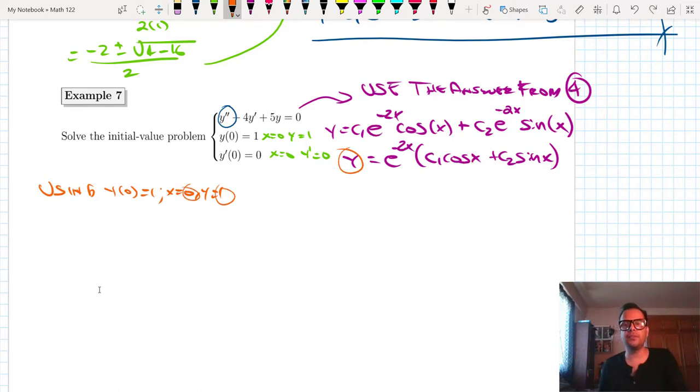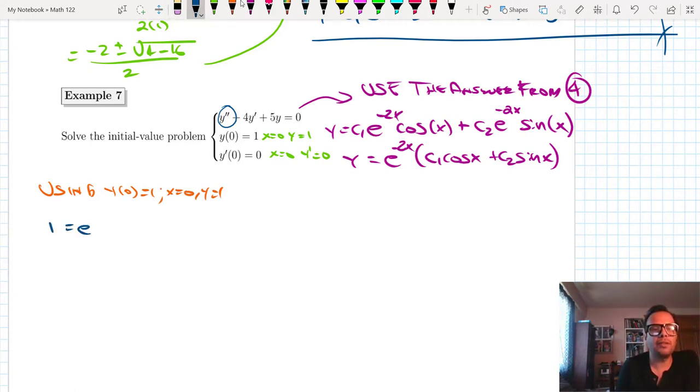Okay, let me uncircle this so it doesn't look hard to read. So the 1 right here equals e to the negative 2 times 0 times c1 cosine of 0 plus c2 sine of 0.